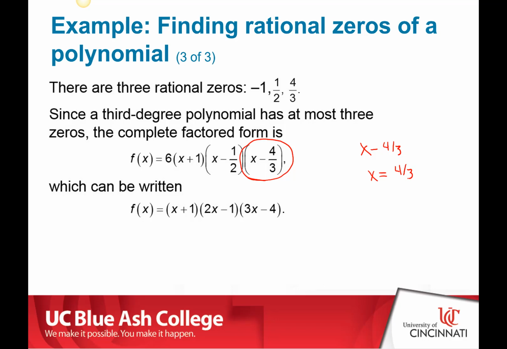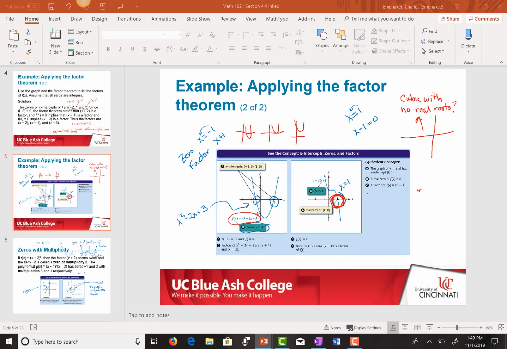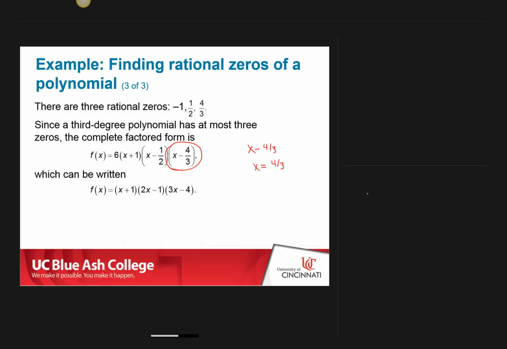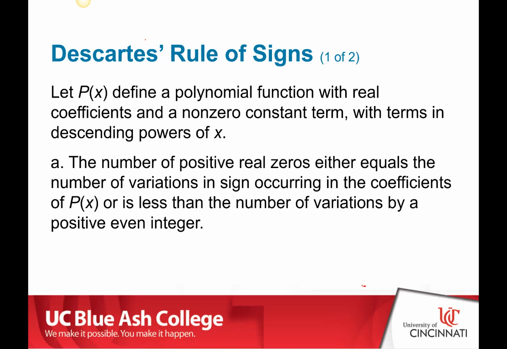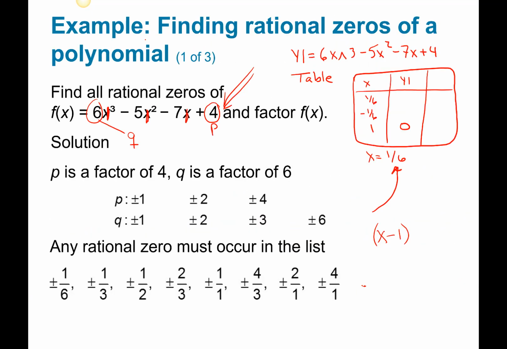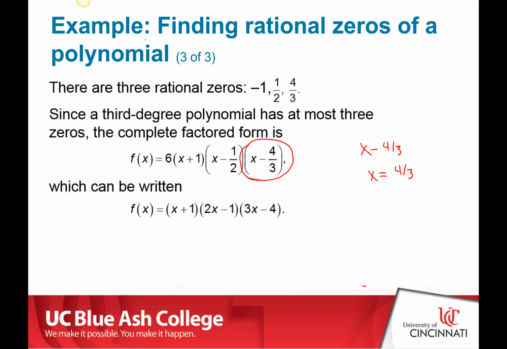This can be rewritten as 3x. Maybe it can be rewritten, if it'll let us. x minus 4/3 equals 0.